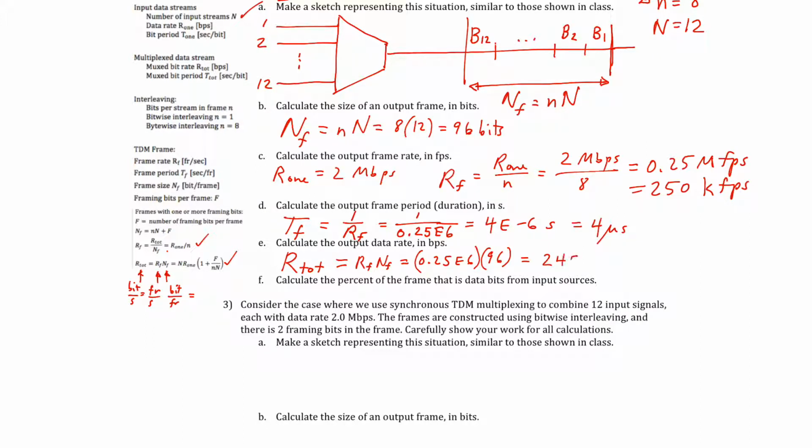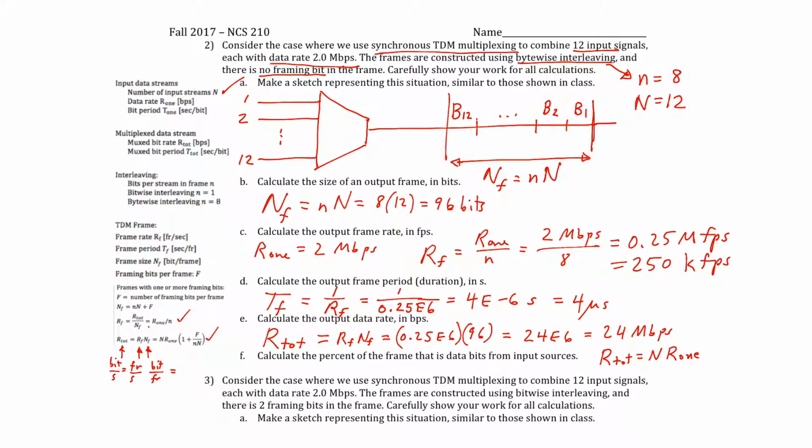Watch out now. We can simply take our R tot equal to the number of input streams times the data rate of one of them. Because there's no framing bits, we just have 12 signals times 2 megabits apiece, which is 12 times 2, or 24 megabits per second.